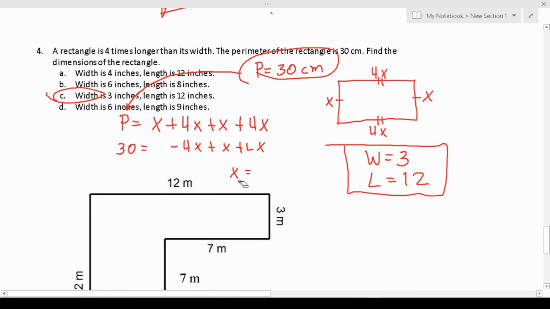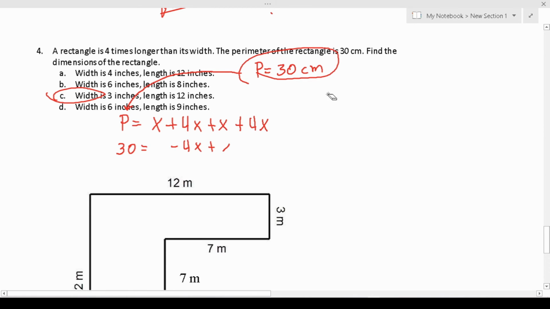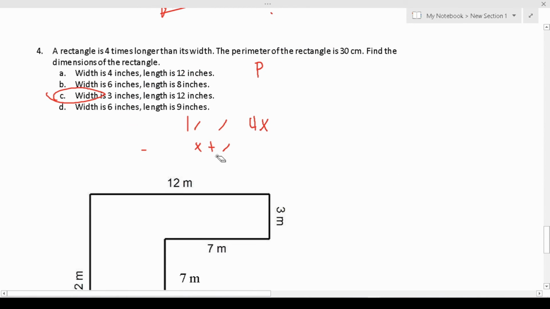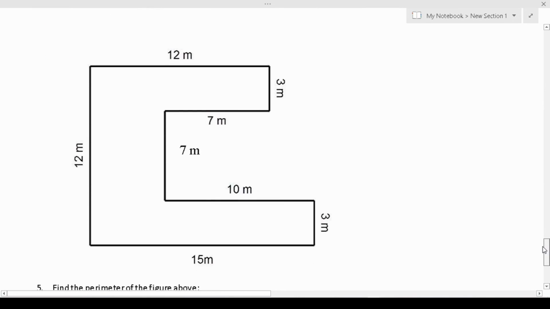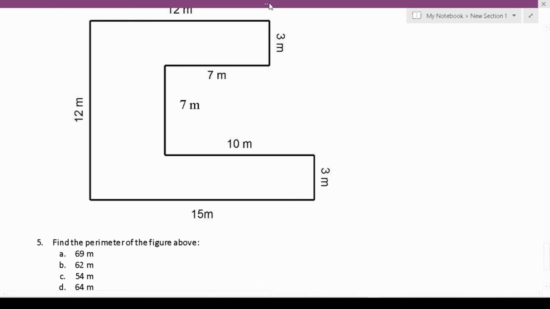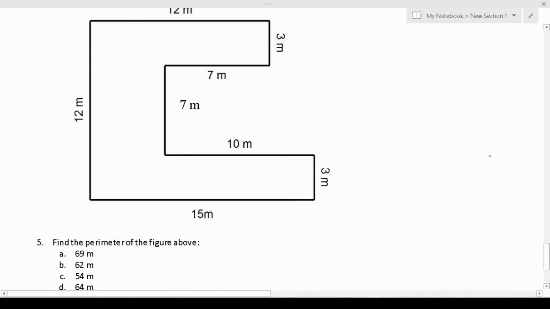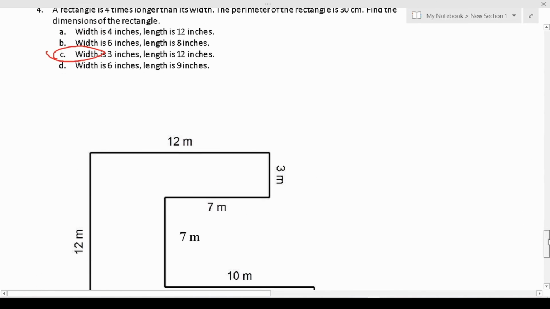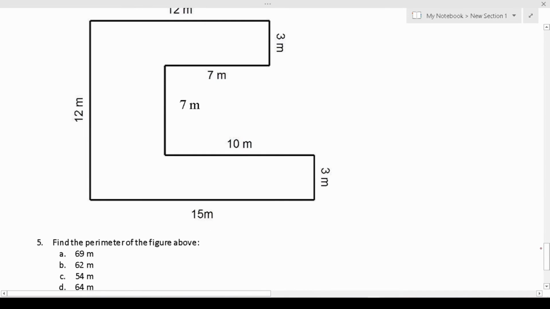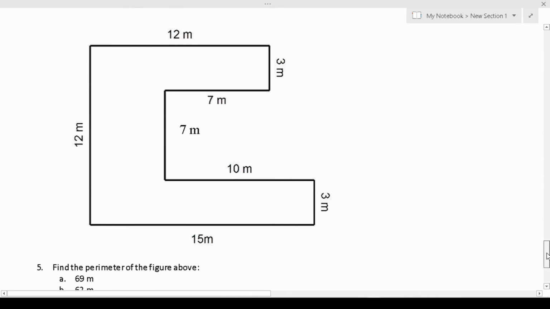And let me get this out of the way for the next one. All right, let's take a look at this final problem here. And it says, find the perimeter of the figure above.